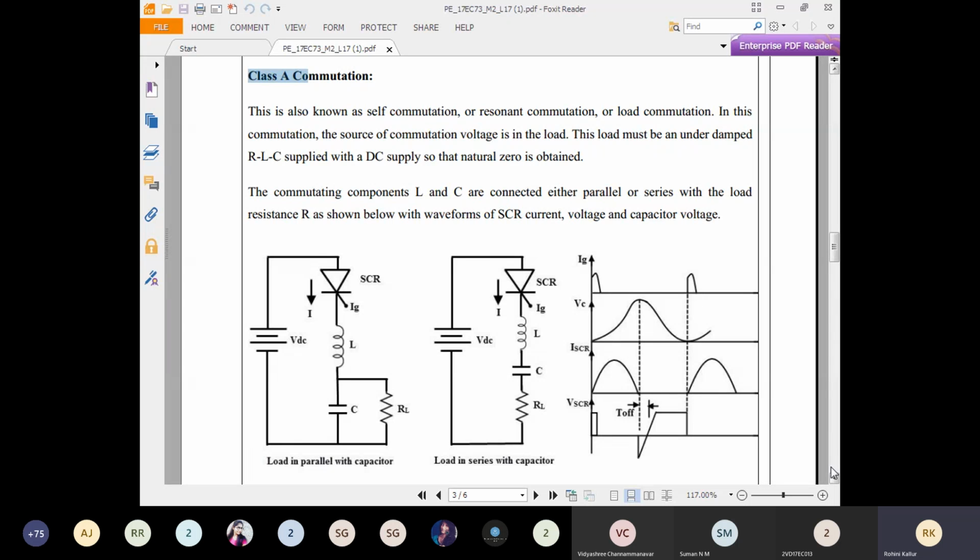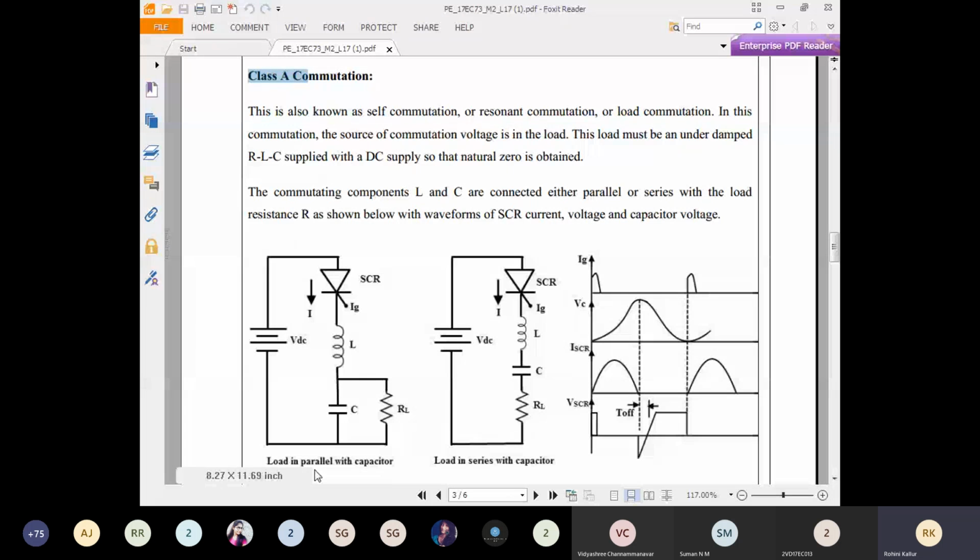Here the source of commutation voltage is in the load. That means the commutation voltage will lie in this particular load part. Here you can see that we have used R, L and C. This is an equivalent circuit.